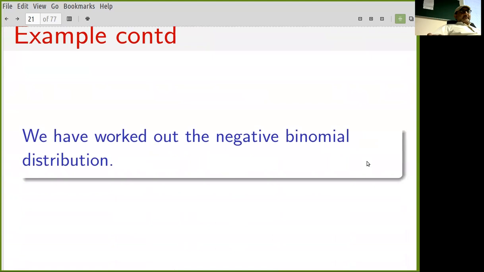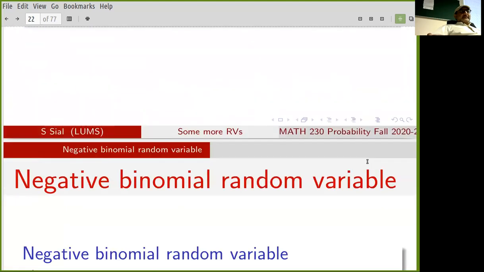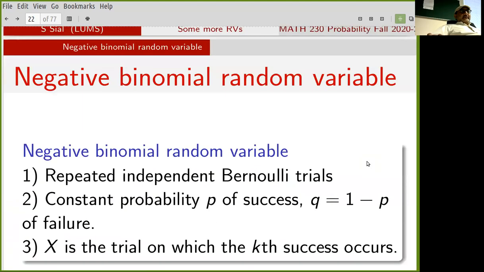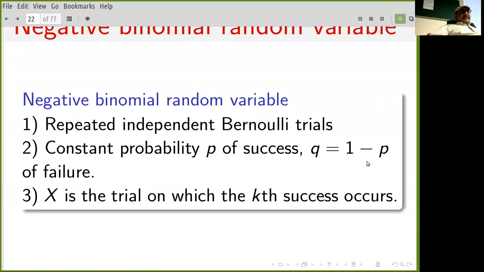Okay, so we've worked out the negative binomial random variable. Right, so summing up, we have repeated independent Bernoulli trials, which result in either success or failure. There's a constant probability of success P and a constant probability of failure Q equals 1 minus P. X is the trial on which the kth success occurs.